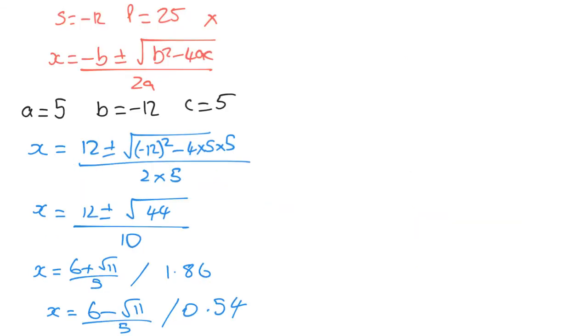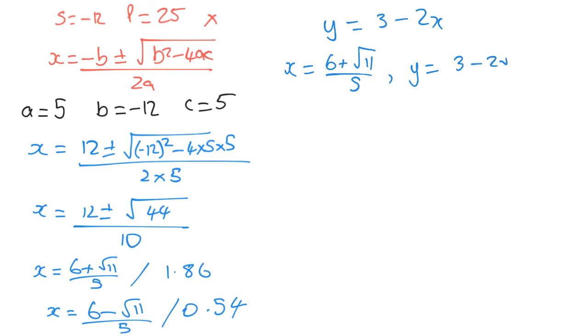Now we need to work out the y. So we substitute those into y equals 3 minus 2x. So when x equals (6 plus the square root of 11) over 5, y works out to be 3 minus 2 times that, which is 3 minus (2 root 11) all over 5, or minus 0.73.